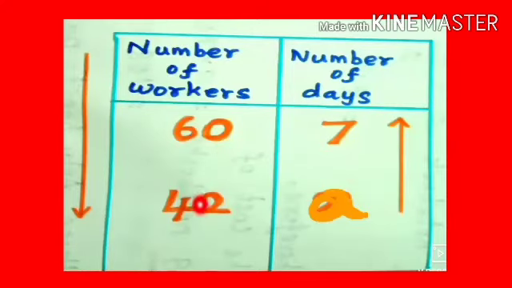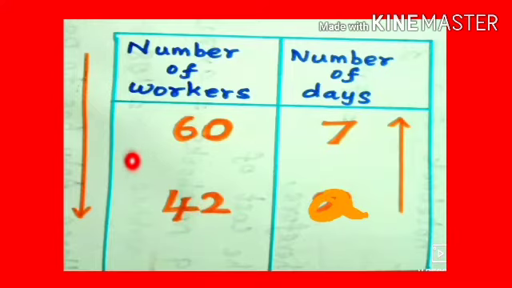So now students, form a tabular column and write down the quantities which are to be compared. Here the number of workers and the number of days are two quantities. In the first case, 60 workers can spin a bale of cotton in 7 days. Then how many days will 42 workers take to spin it?